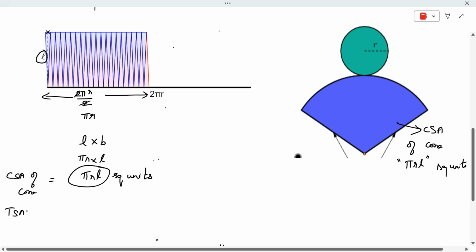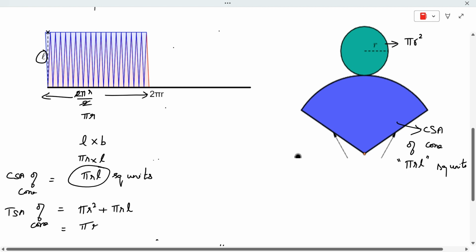So now, what about the total surface area? The TSA of a cone is very simple because we already found the CSA of a cone, which is pi r L, and the other face is a circle, whose area is pi r square. So I'm just adding these two areas, pi r square plus pi r L. Now we have learned factorization, so we are going to take the common factor out.